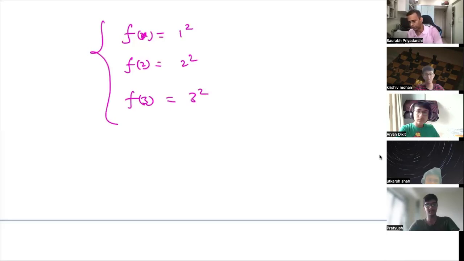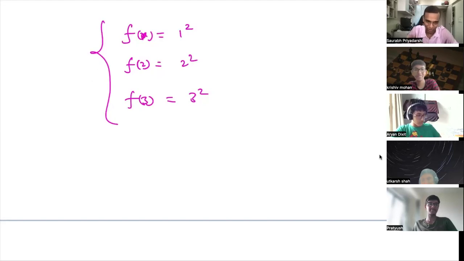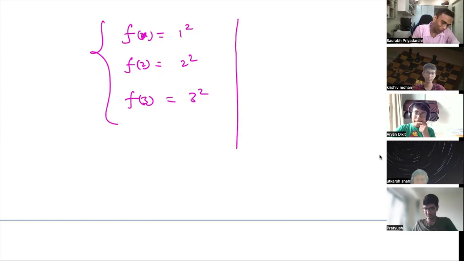I'm giving three values: f(1) is 1 square, f(2) is 2 square, f(3) is 3 square. What is f(x)? x square. Obviously this is wrong. And most of the people will start from this only.